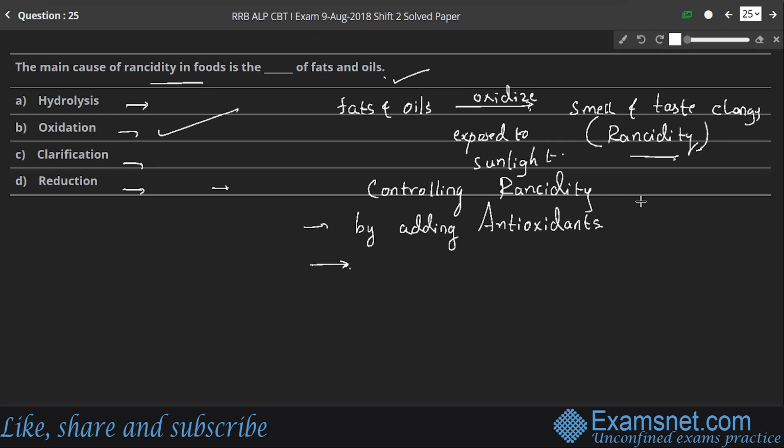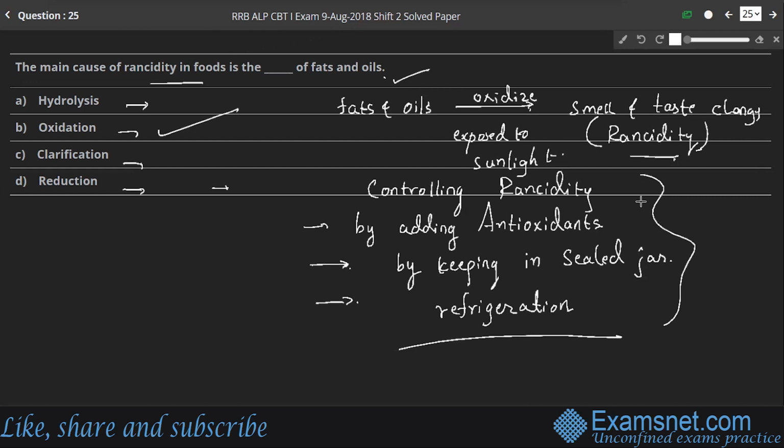Also by keeping food in a tightly sealed jar, for example, pickles. Food that has been refrigerated will also help to reduce rancidity. So these are the methods to control rancidity.